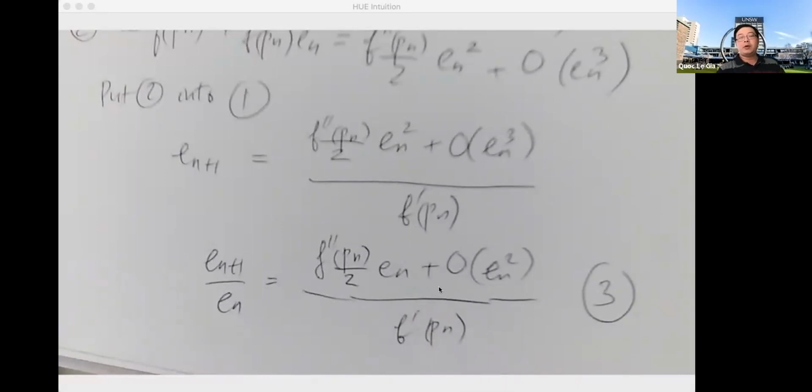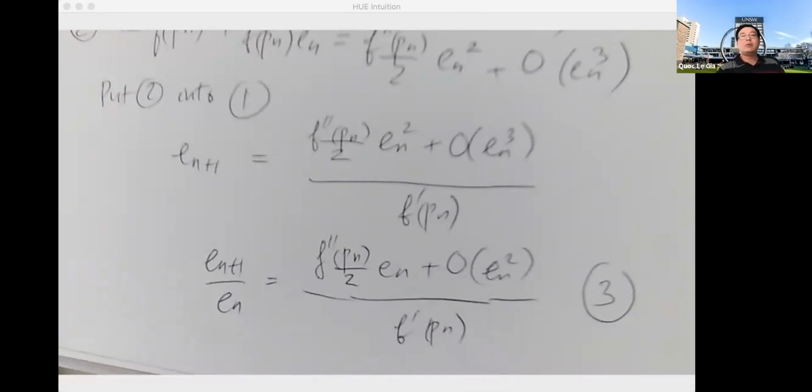So remember, we haven't used the fact that f prime p equals 0. So any suggestion? Any suggestion what to do?